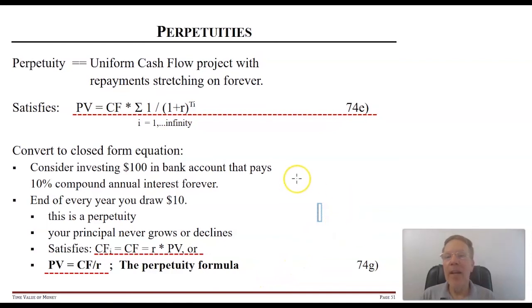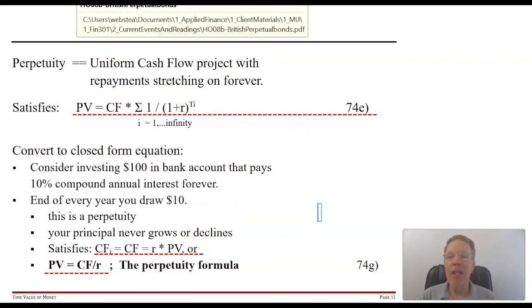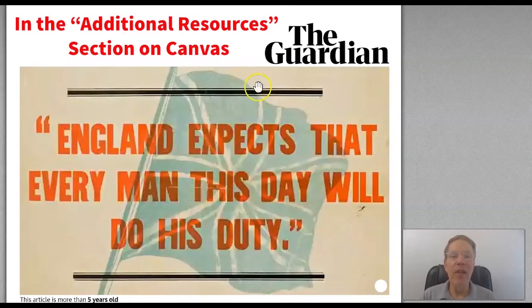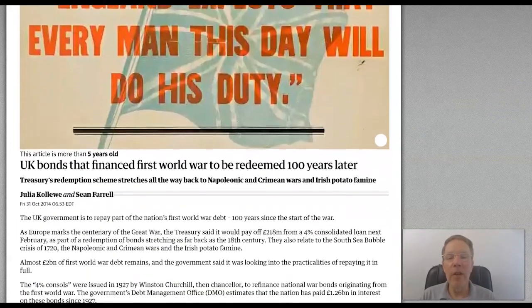Another interesting thing about this is that it's not just a mathematical thing used to prop up some theory. Perpetuities are real things in the real world. I have a couple of interesting articles on perpetuities. The United Kingdom over the centuries has issued a bunch of perpetuities.